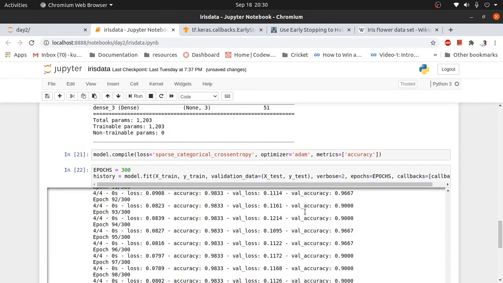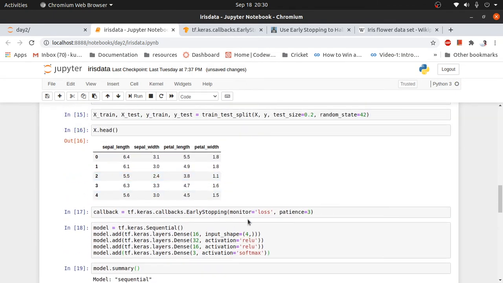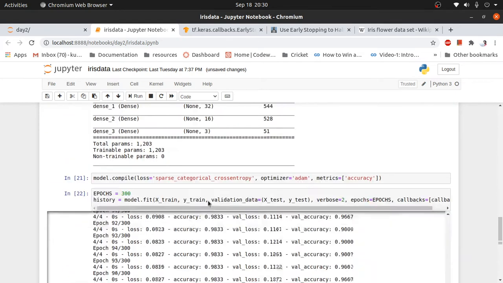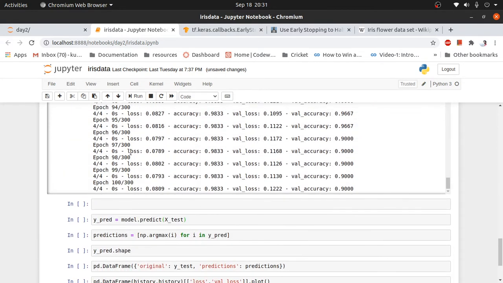Let's see what we have here. We have passed early stopping. This is monitoring, we can pass something here. We have passed loss here, so it is tracking loss. And what is this patience? It is checking whether after, see in the 90s here we have 0.79 loss, and then loss increased and then increased and then increased.